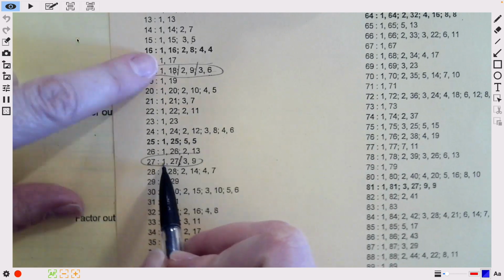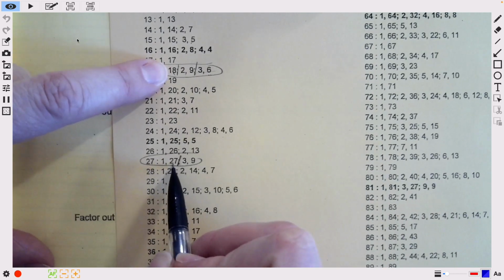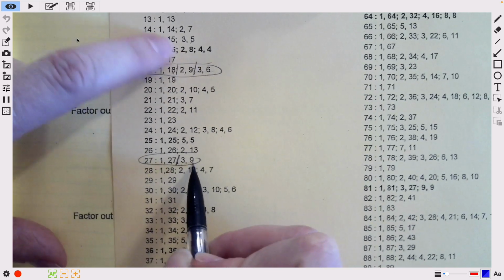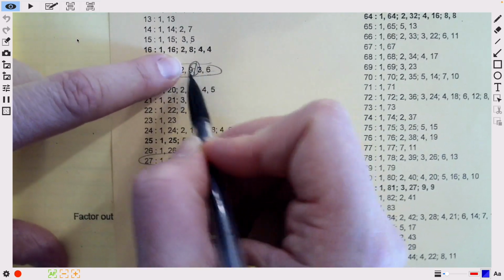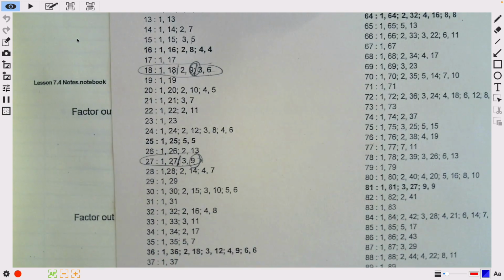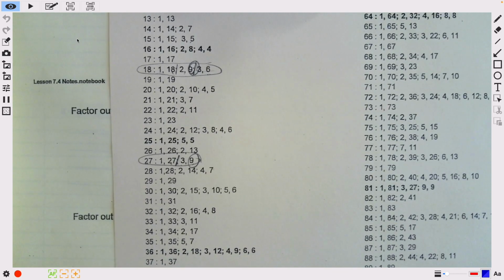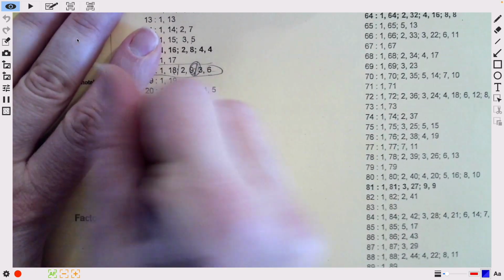They both have a 1. They don't both have an 18 or a 27. They do both have a 3, but the biggest number they have in common is 9, and that's the greatest common factor. So you can find that greatest common factor even if you don't know how to do it in your head using this sheet, okay? So those of us that maybe struggle with our number skills a little bit, this sheet's going to be your best friend. Yeah? Okay.